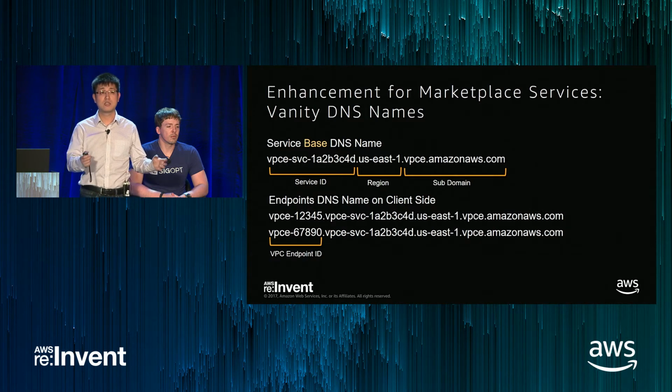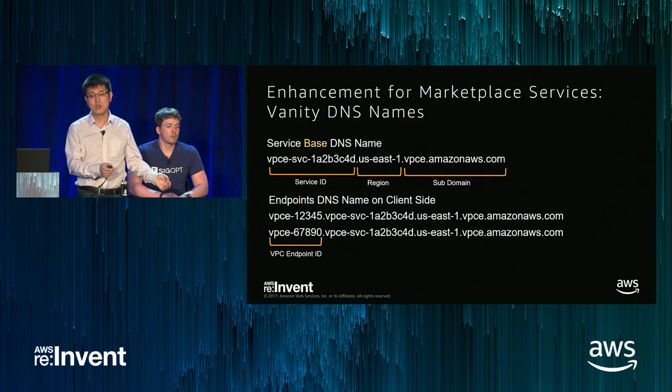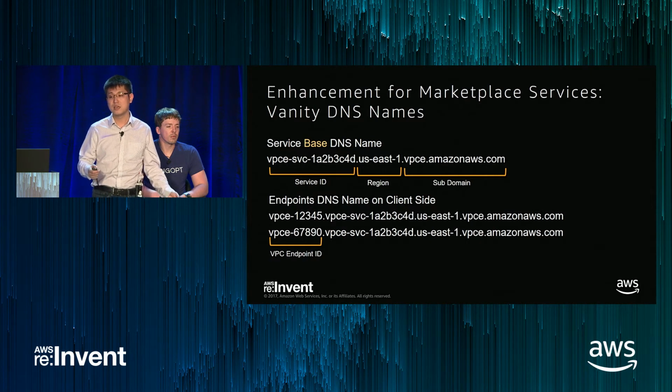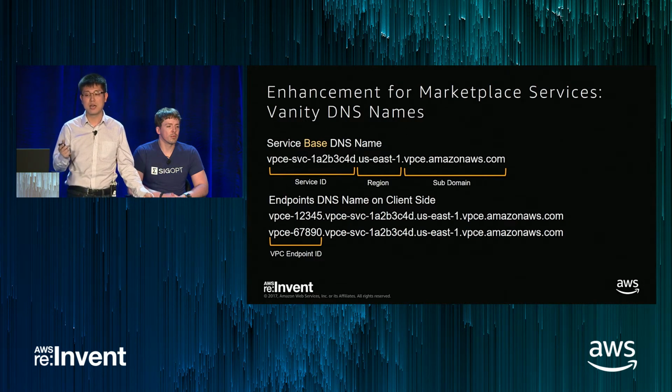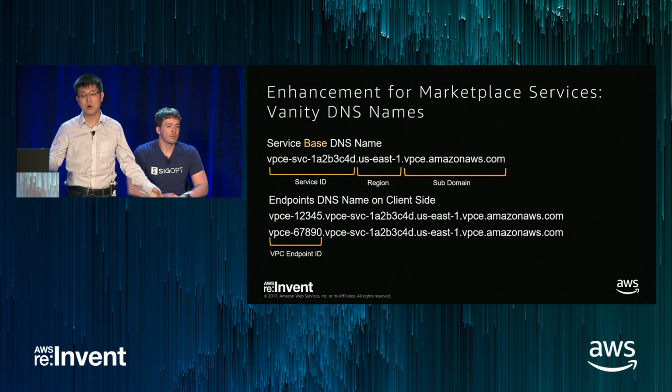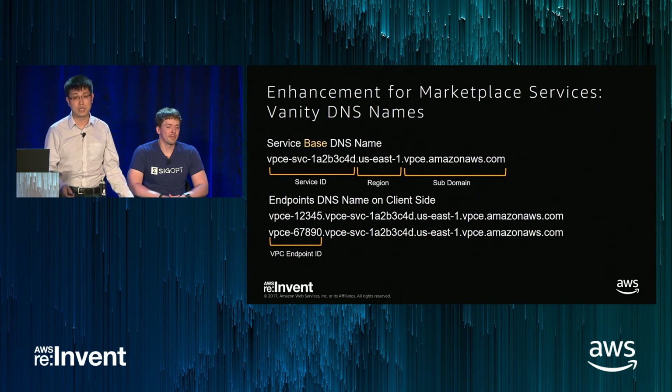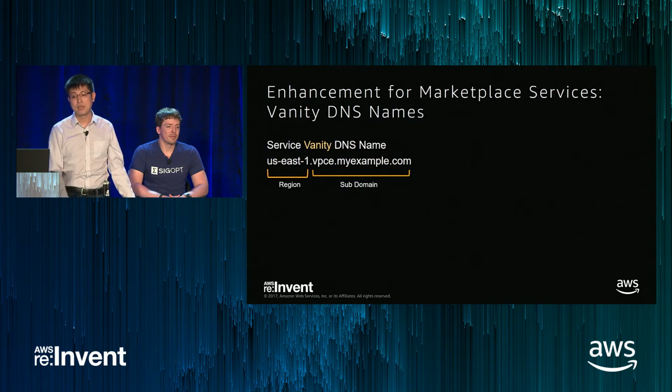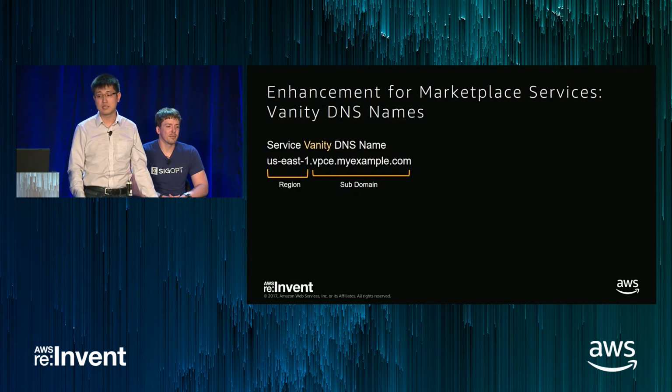And once your clients create endpoints in their VPC, you will see there's a unique VPC endpoint ID in front of the base DNS name. So as clients create more endpoints, the DNS just has different DNS entries for all the different endpoints. And here's how the vanity DNS name works.